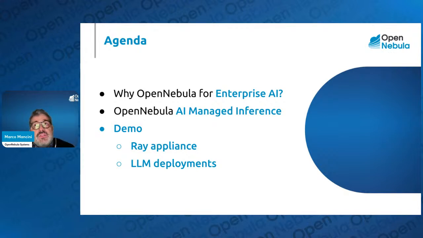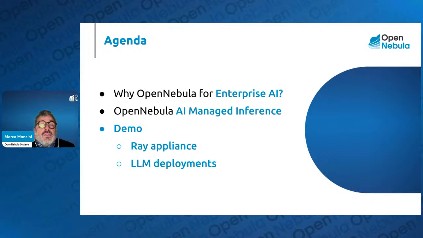First of all, I will give an introduction about what we are working on in OpenNebula to enable enterprise AI, so that organizations can really use an AI as a service model that allows you to simplify the management of on-premise and multi-cloud infrastructure for your deployments and for your AI workloads.